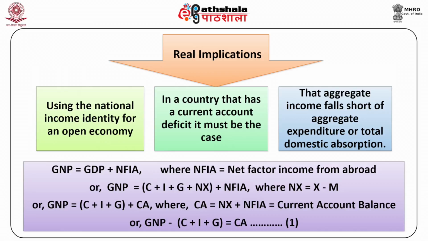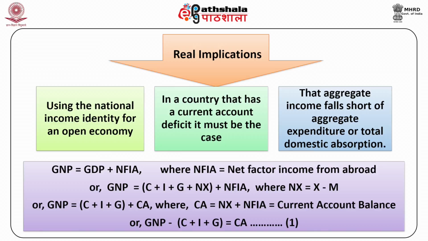This can be shown as follows. Gross national product is equal to gross domestic product plus net factor income from abroad, where NFIA is net factor income from abroad. In other words, we can say GNP is equal to consumption plus investment plus G plus NX plus net factor income from abroad, where NX is equal to exports minus imports.